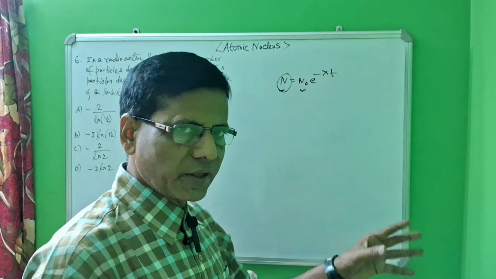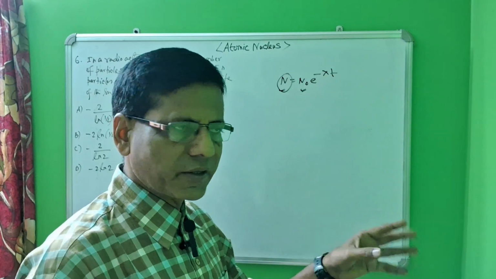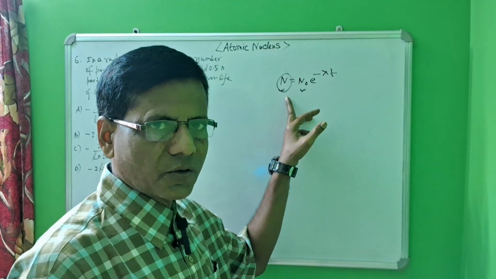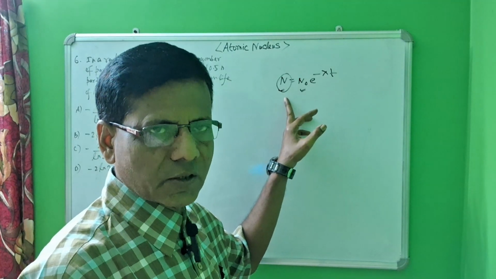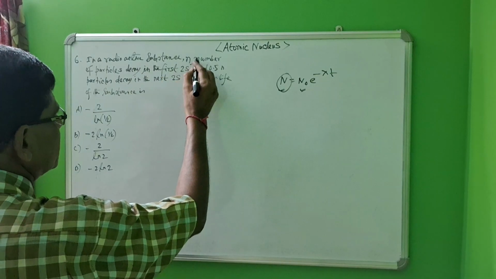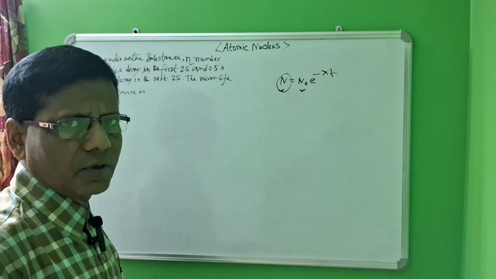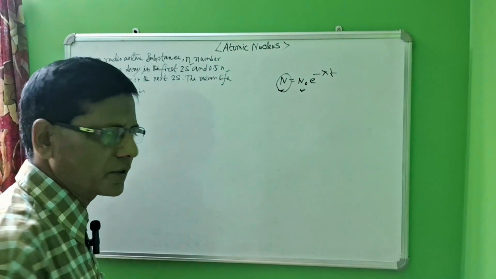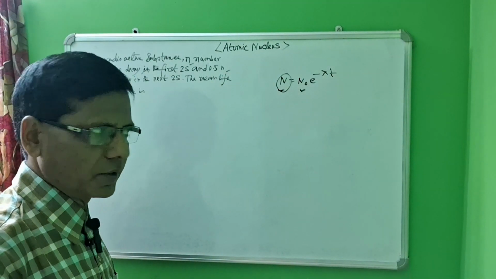So the disintegrated number of nuclei is not this term. This term is the residual nuclei. Here n is the disintegrated number of nuclei, and also 0.5 n is the disintegrated number of nuclei.